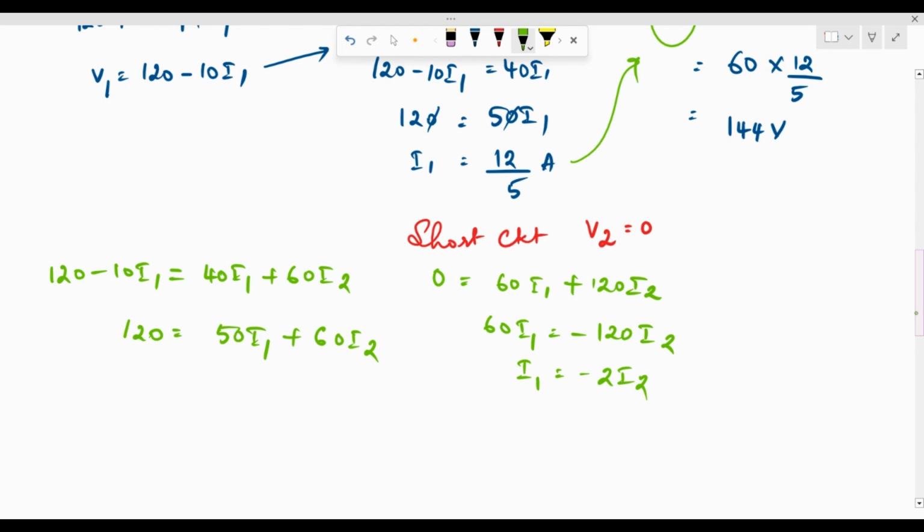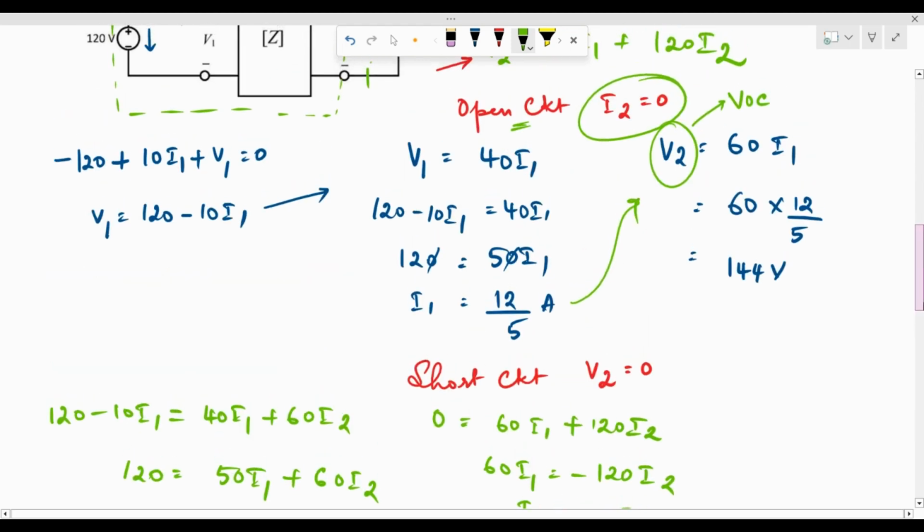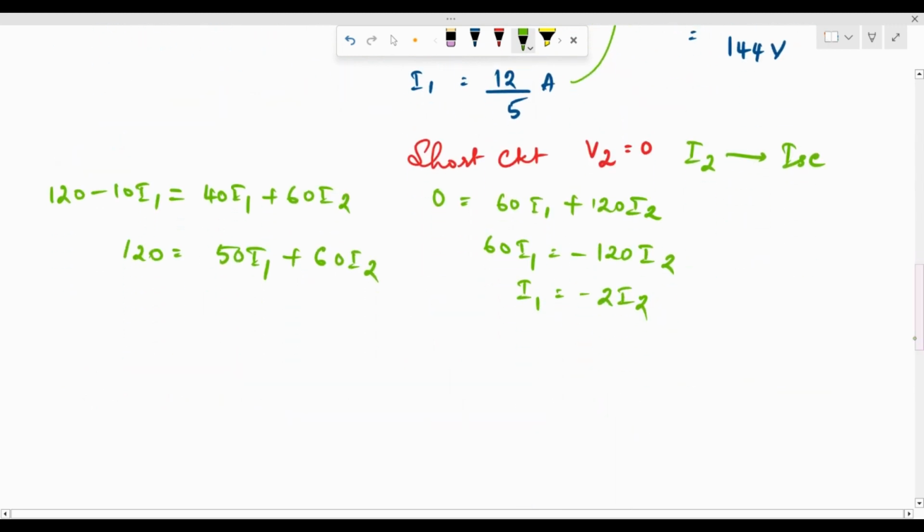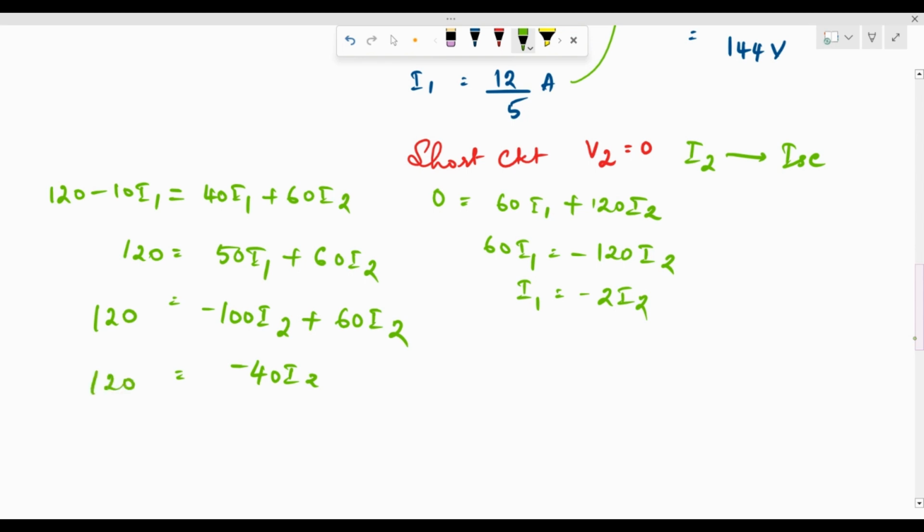Here I can replace I1 with minus 2 I2, because after all I need to compute I2 in this case, which will act as the short circuit current. So I'll get minus 100 I2 plus 60 I2 is 120, and that turns out to be minus 40 I2. When I simplify this, I get minus 3 amps as my short circuit current.